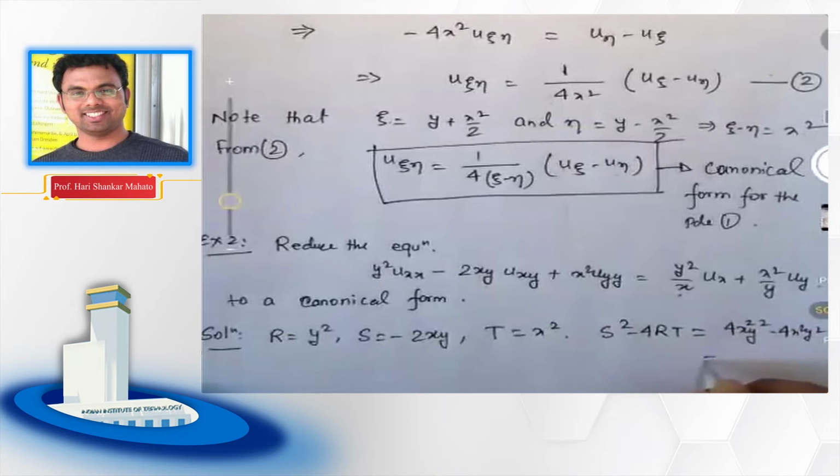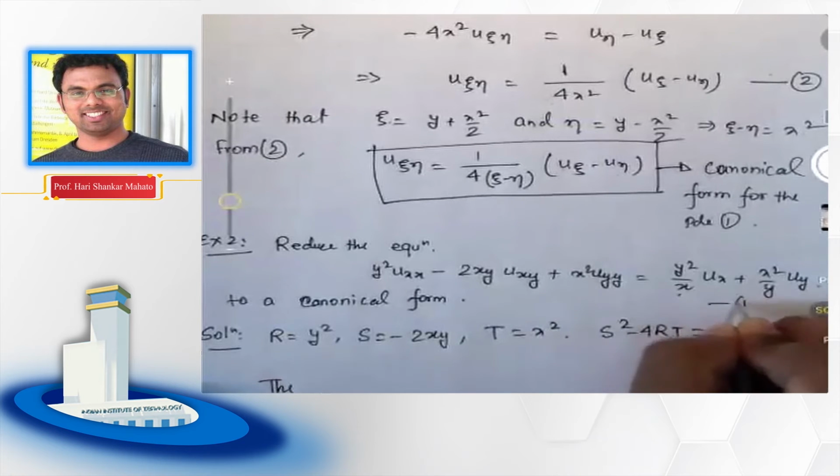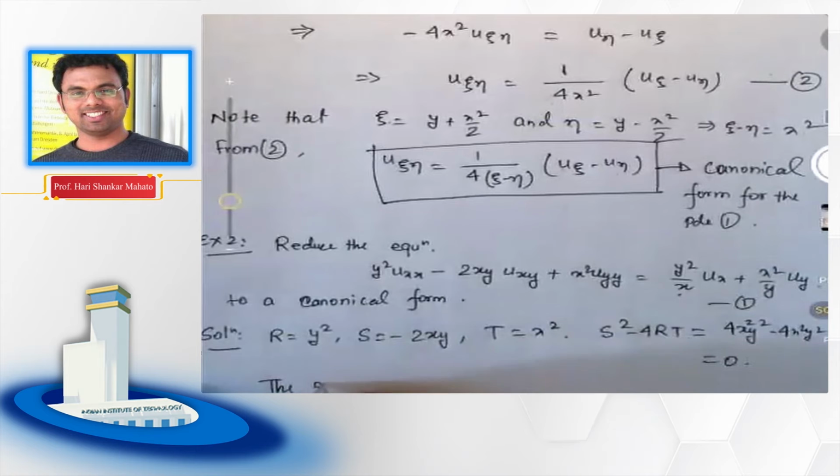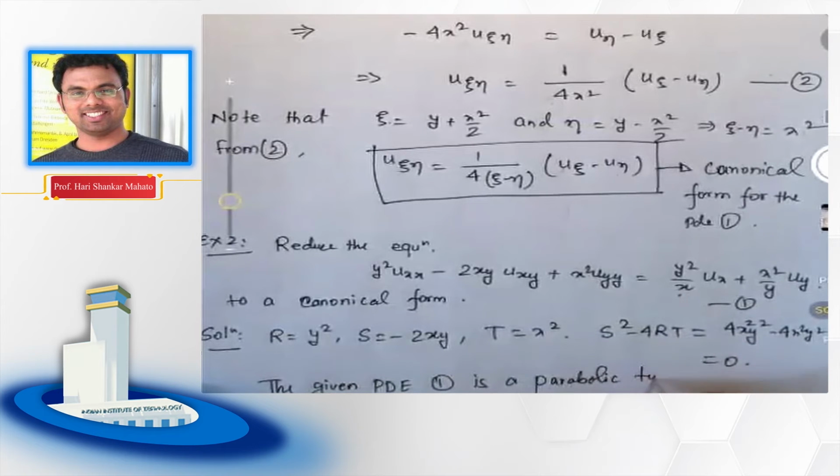So ultimately it is coming out to be 0. And therefore the given PD 1 is a parabolic type PD.